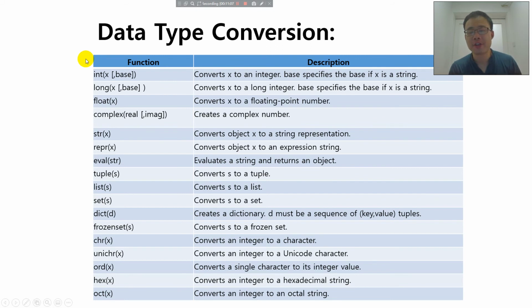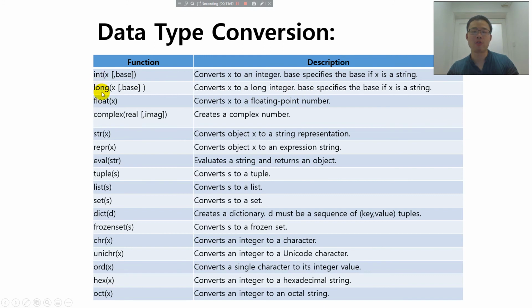So we have finished the introduction of our basic data types, and here are some functions to convert data types. The integer function can convert x to an integer. You can specify whether the input object is a string or not, using the base.